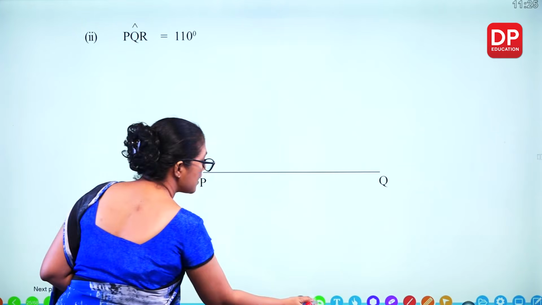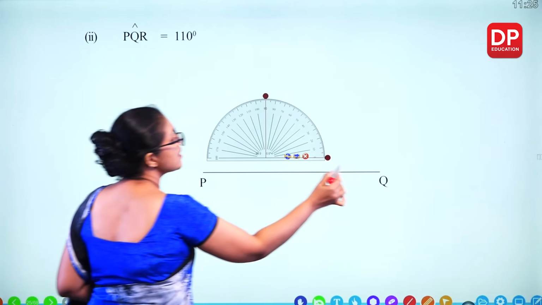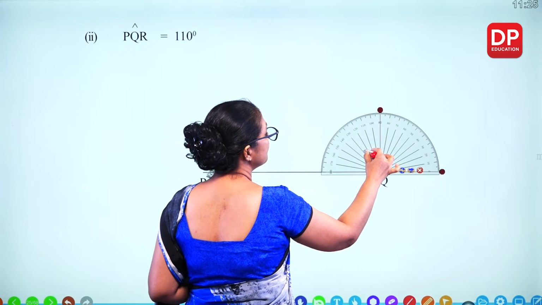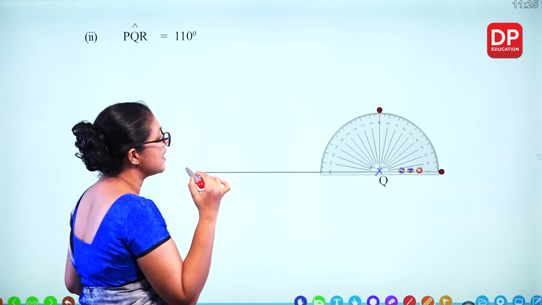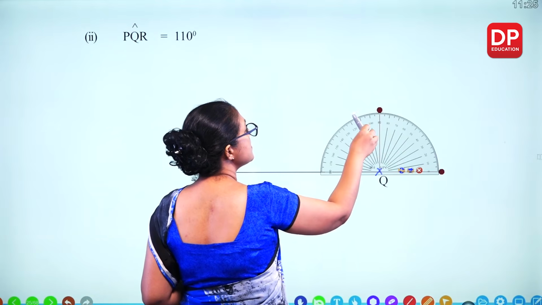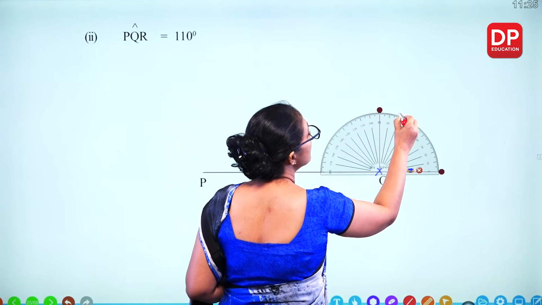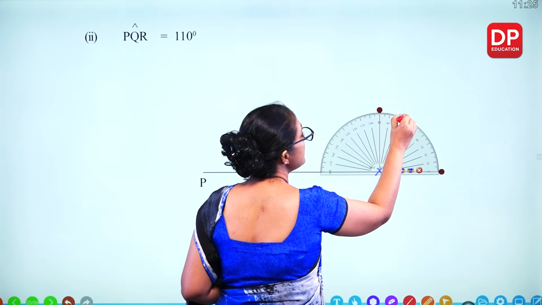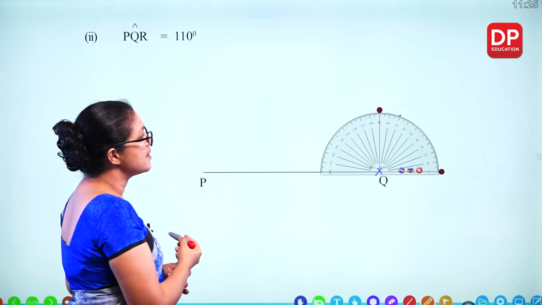110. Take the protractor to point Q. Here you have to keep the protractor. You have to measure 110. 110 from this side, that means 70. 70 from here, and this becomes 110 here, because 180 minus 110 is 70 degrees.